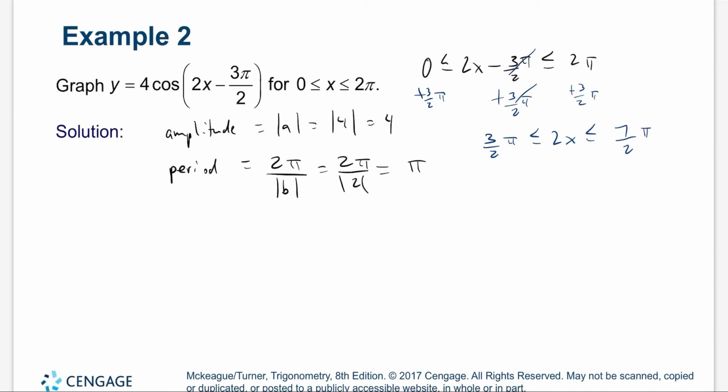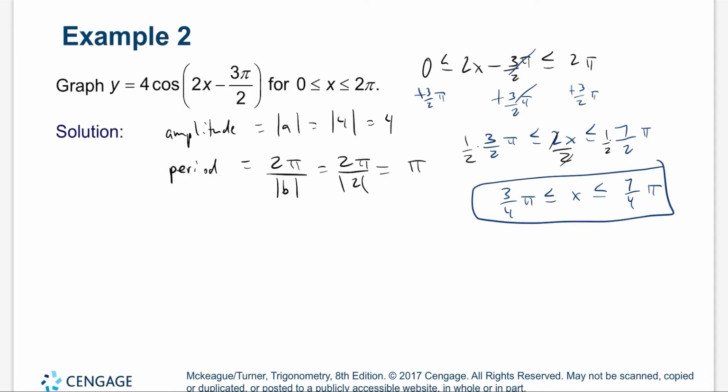All right, so now we have to divide everything by 2 to get x by itself. That's the same thing as multiplying by 1/2, by the way. So you have 3/4 pi on the left side, x in the middle, and 7/4 pi on the right side. This is what we're graphing, starting point, end point.